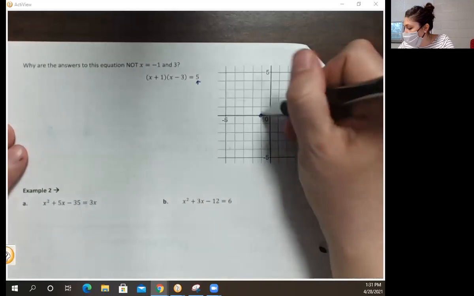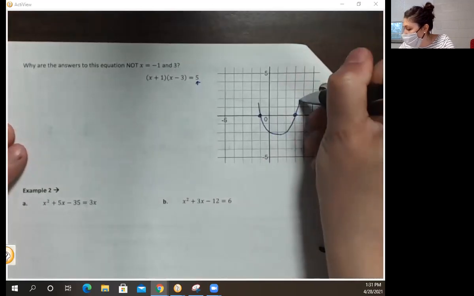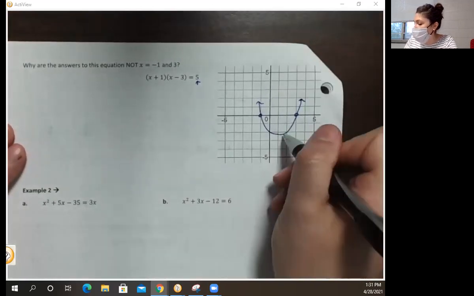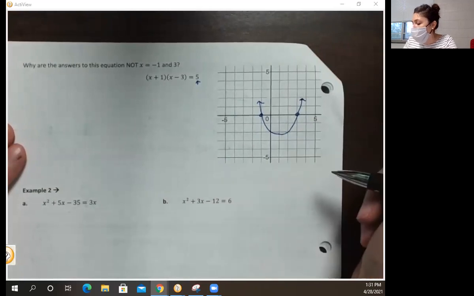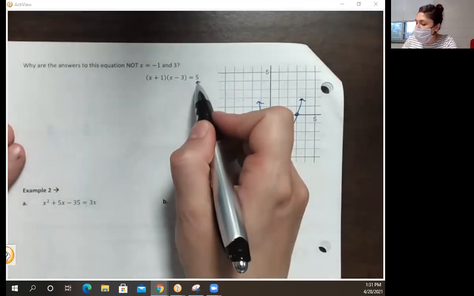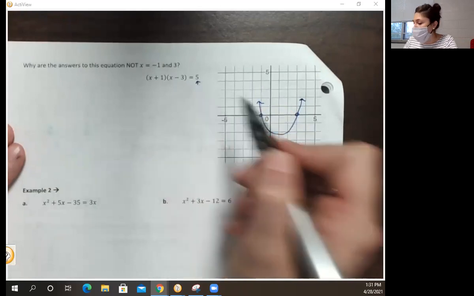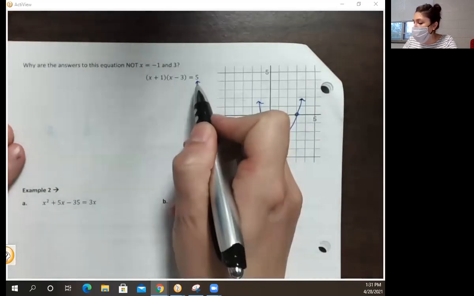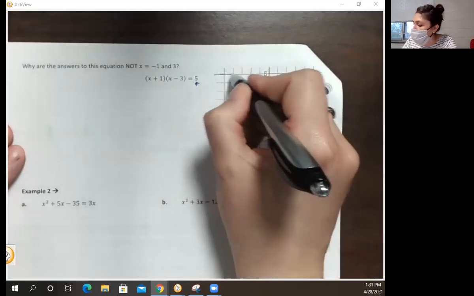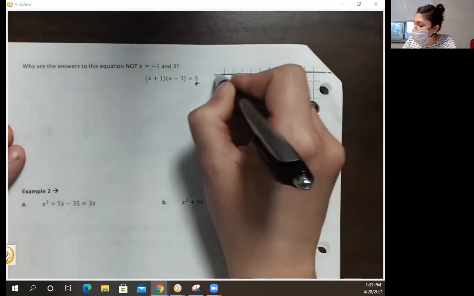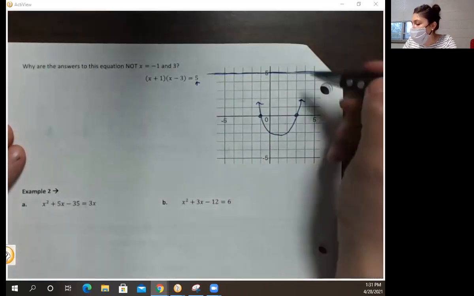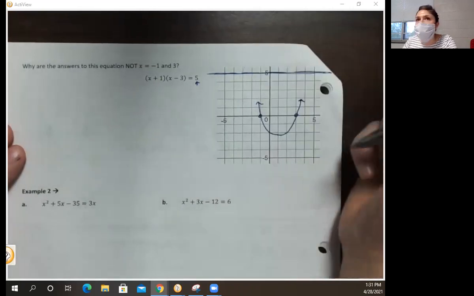Because of my lead coefficient, I know this parabola is going to open up. I know I've got a vertex down here somewhere. But this time, I don't want to know when this parabola is equal to 0. I want to know when this parabola is equal to 5. That's up here. I don't know exactly where those points of intersection are.